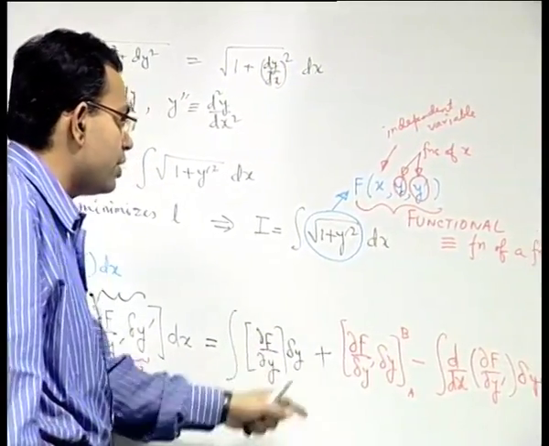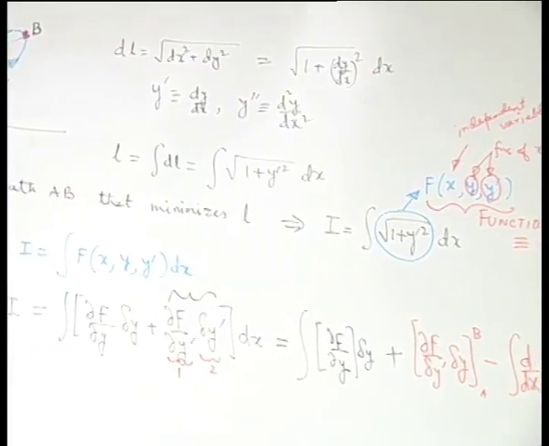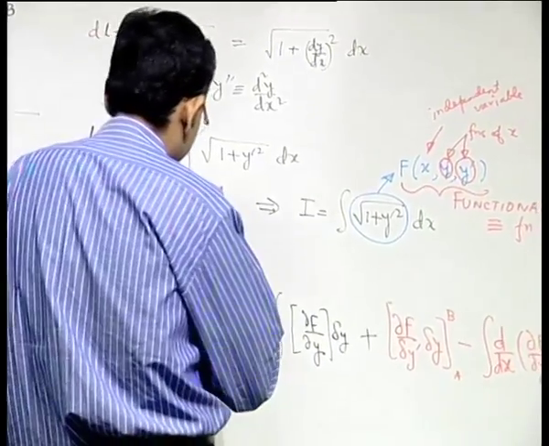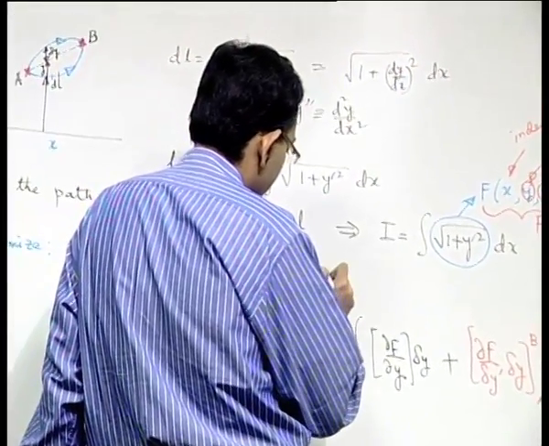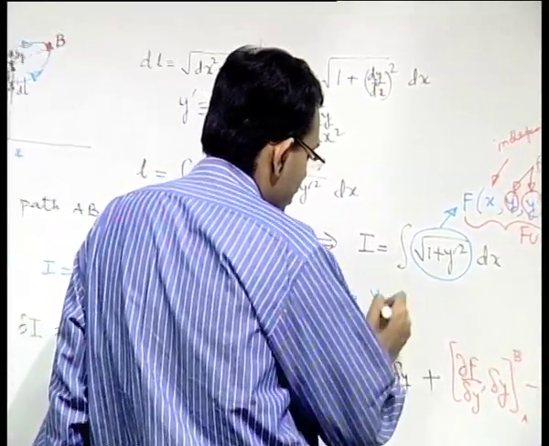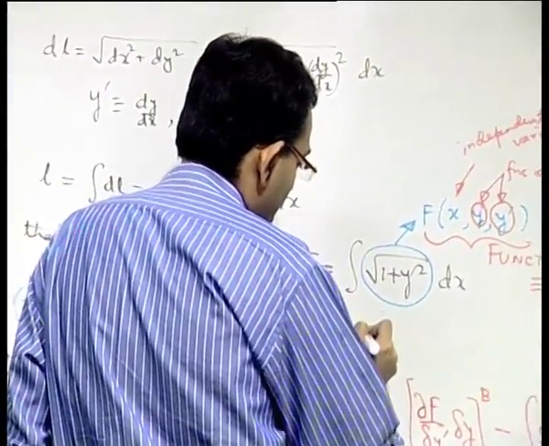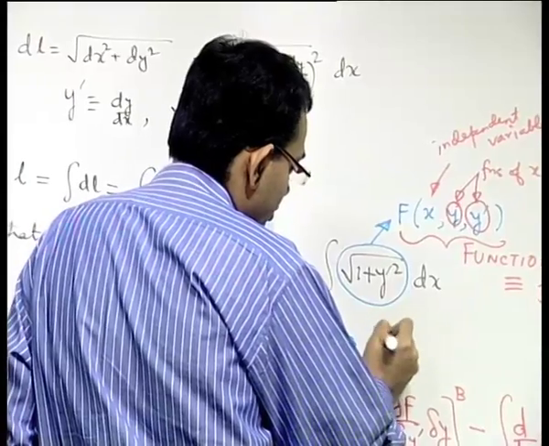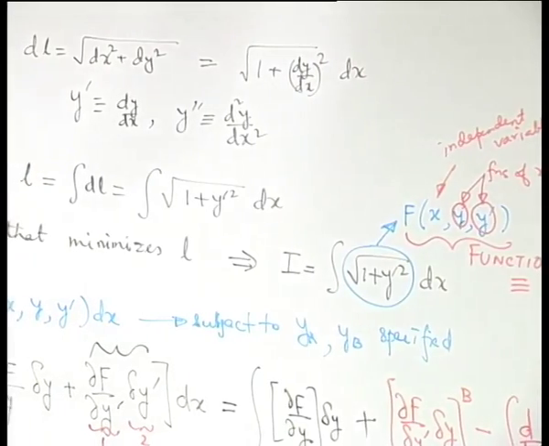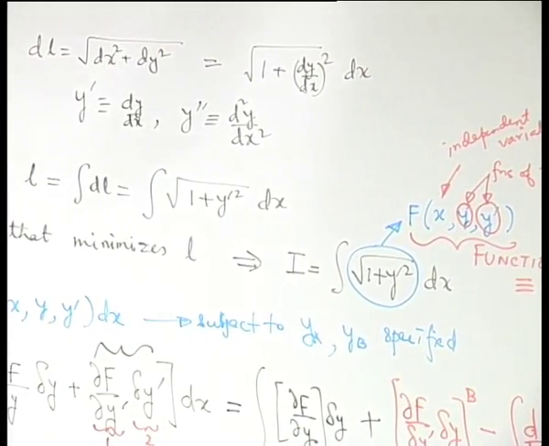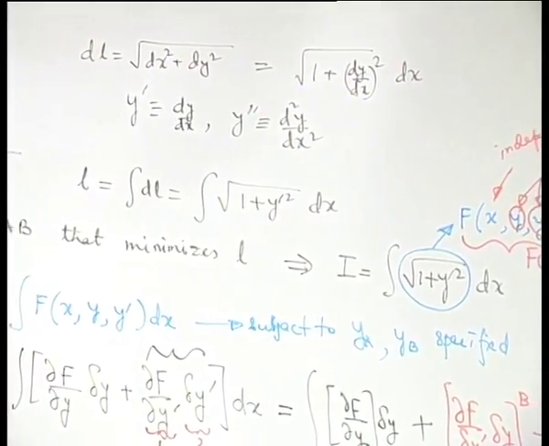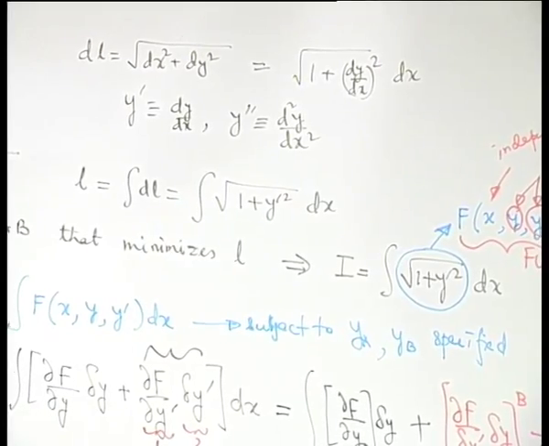What we will do is, we will use the boundary condition. So, we are minimizing this subject to what constraint or boundary condition? Y at A and y at B specified. Since y at A and B are specified, you have delta y at A and delta y at B equal to 0.